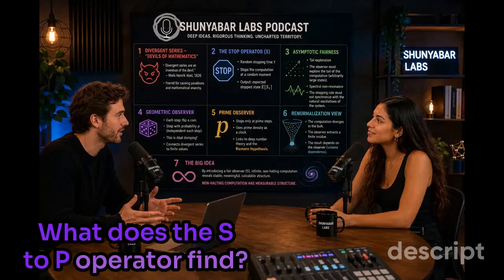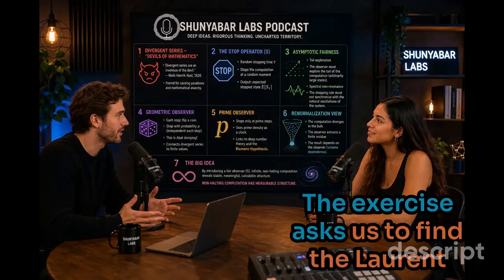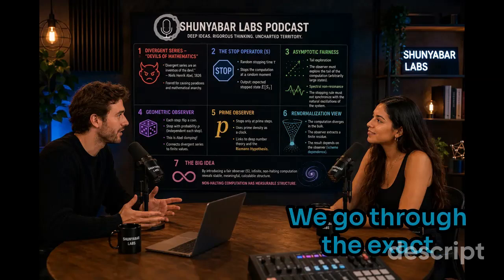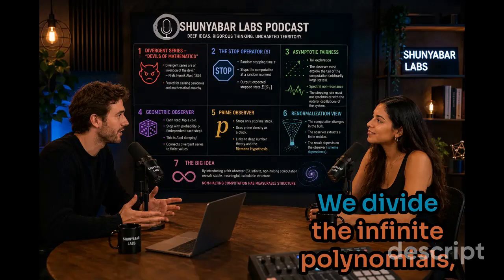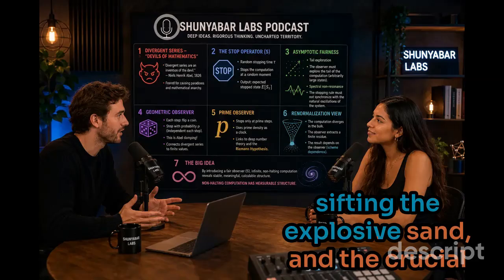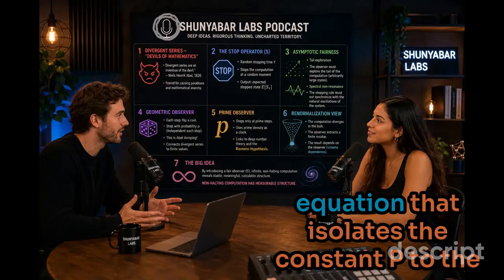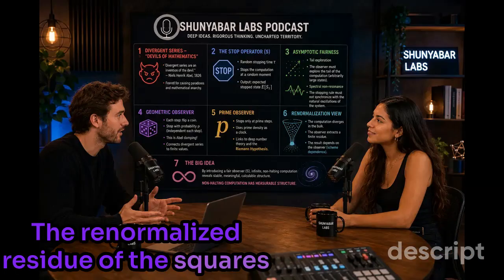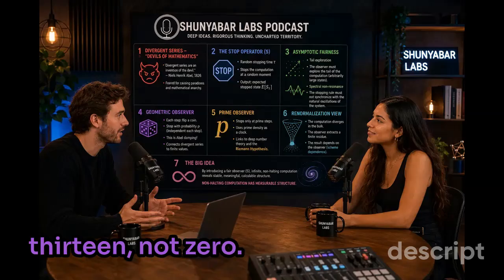What does the STP operator find? The exercise asks us to find the Laurent expansion for the continuous time expectation. We go through the exact same power series division. We divide the infinite polynomials, sifting the explosive sand, and the crucial equation that isolates the constant p to the power of 0 term spits out exactly 13. The renormalized residue of the squares under continuous observation is 13, not 0.